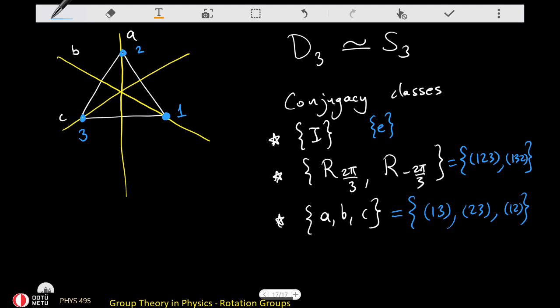In any case, we know the conjugacy classes. The groups are different, of course, in terms of their mathematical meaning. One is a rotation group and the other one is a permutation group, but they are isomorphic. They have the same structure. Therefore, the irreducible representations are going to be the same. Of course, we also remember that there are these two one-dimensional irreducible representations.